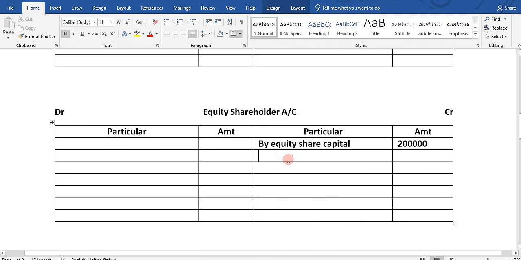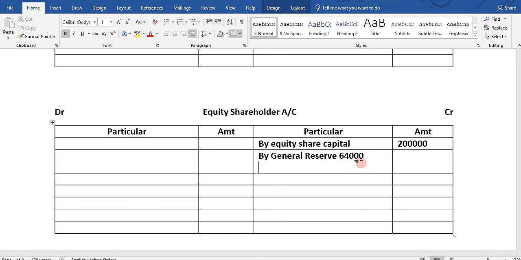So here you will write by general reserve 64,000, less advertising expenses 32,000.